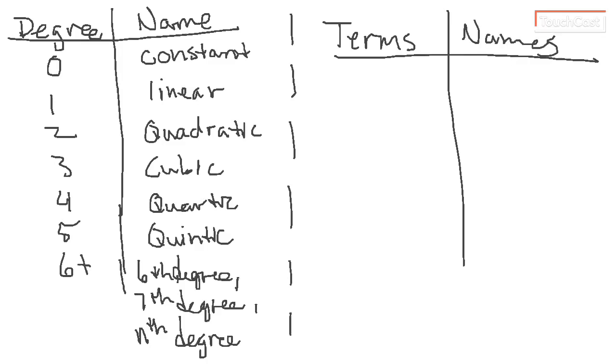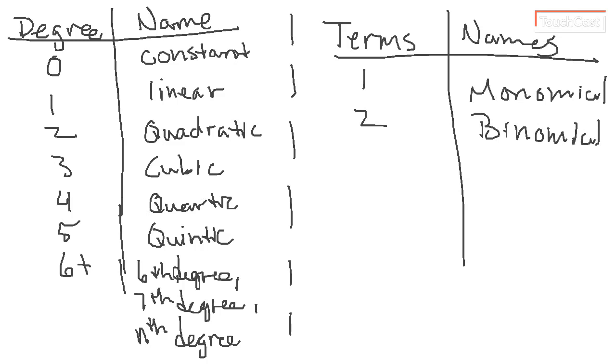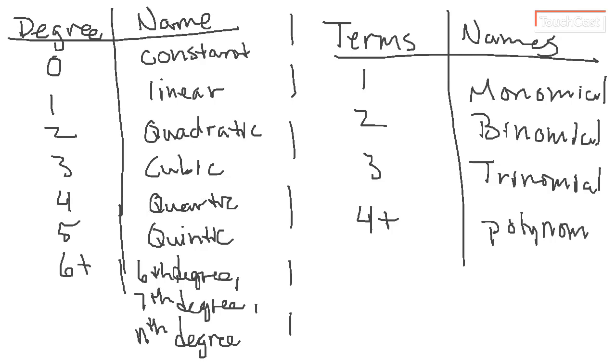If we have one term, we've already defined that as a monomial. If they've got 2 terms, we use the word binomial. And 3 terms we call trinomial. And anything that's 4 or more, we just call a polynomial. No special names for anything above a 4th degree, or 4 terms.